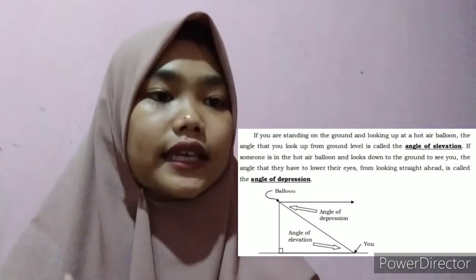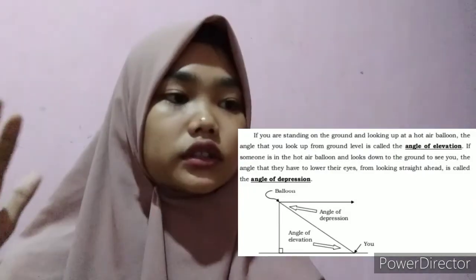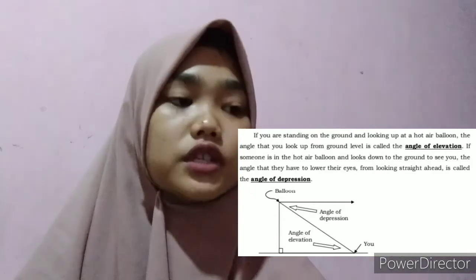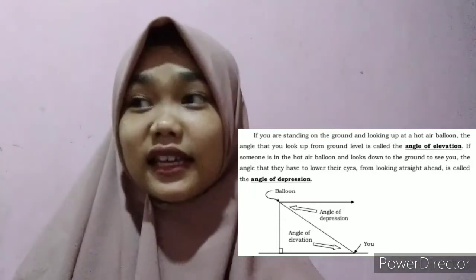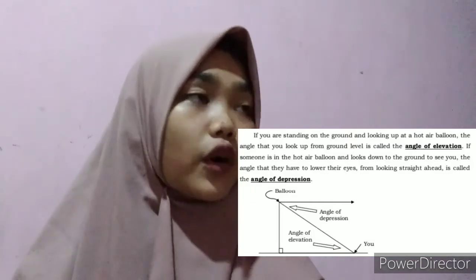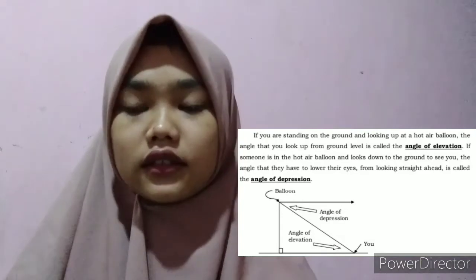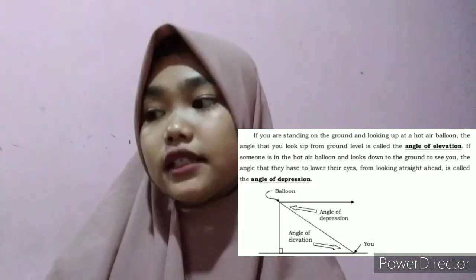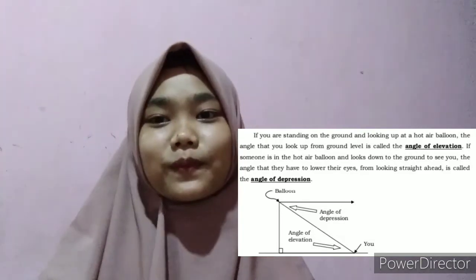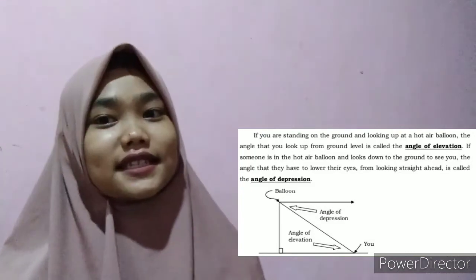If someone in the hot air balloon looks down to the ground to see you, the angle they have to lower their eyes from looking straight ahead is called the angle of depression. Let's see the picture.